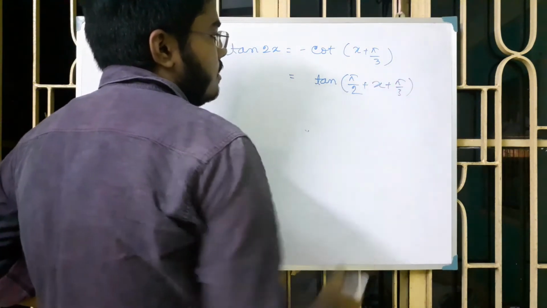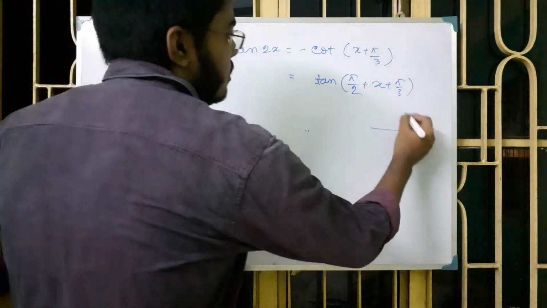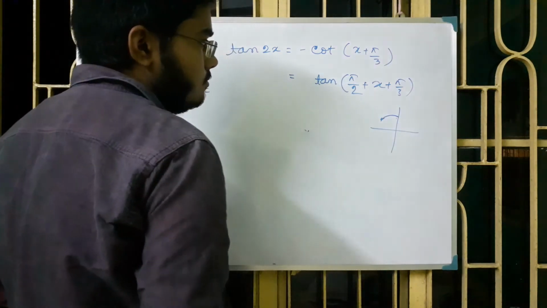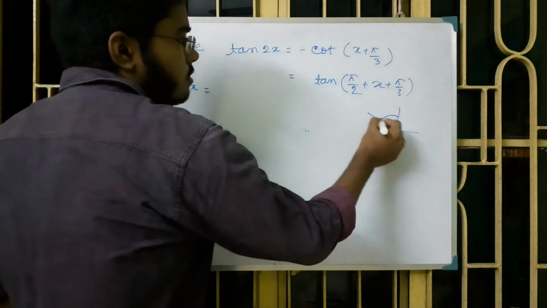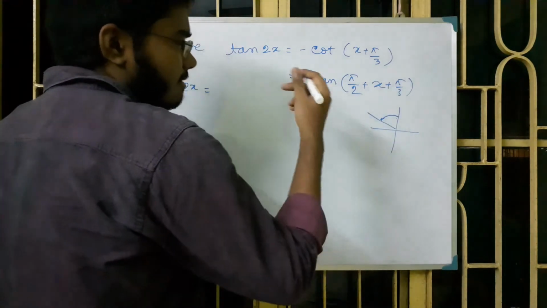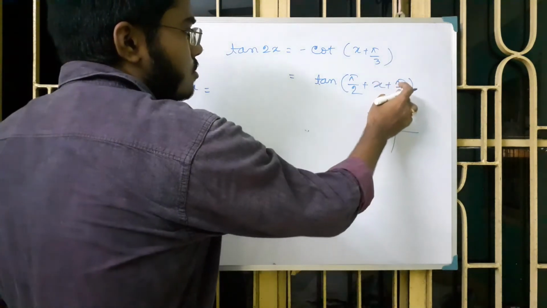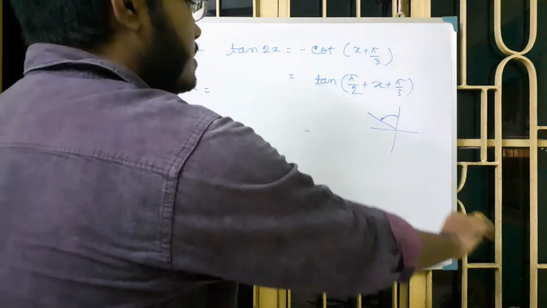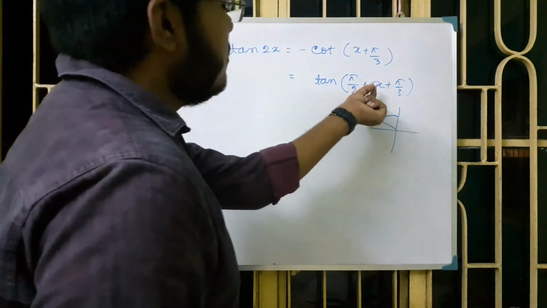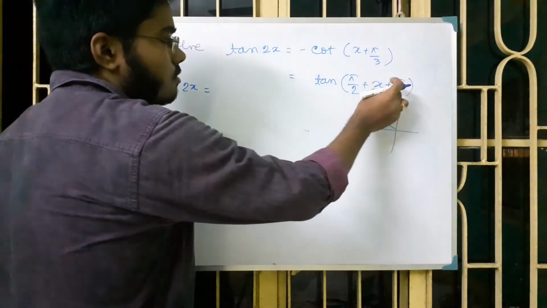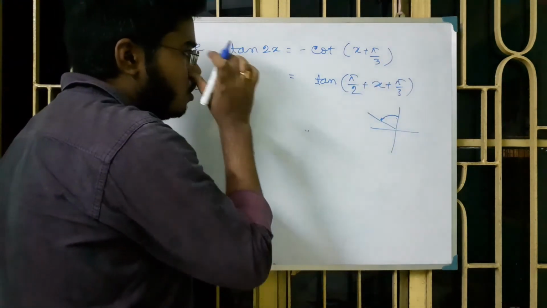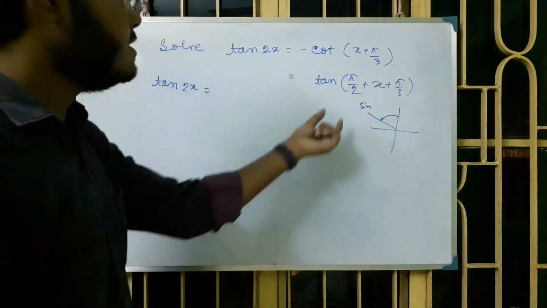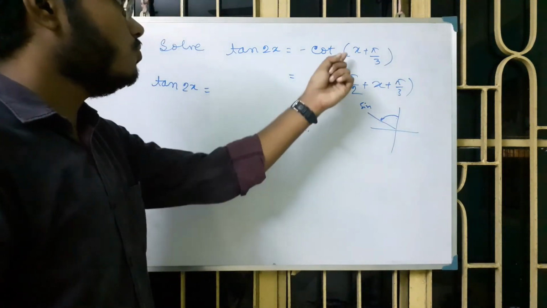Why x plus pi by 3? We are moving in the second quadrant. Let's take any value of x. If there is no x, then pi by 2 plus pi by 3, we are moving in the second quadrant, and it is a multiple of pi by 2, not pi.